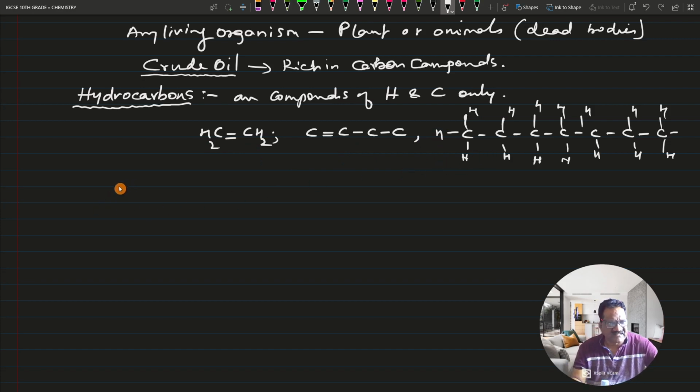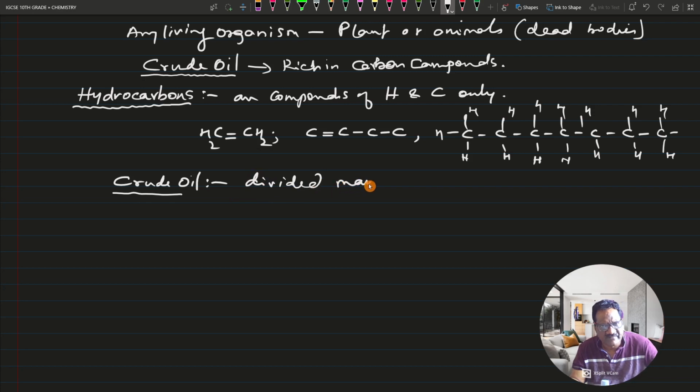So as I told you, this crude oil is made up of all types of these hydrocarbons, and crude oil can be divided into many fractions. There is something called fractions of the crude oil.